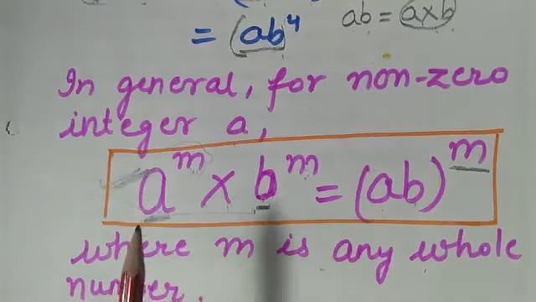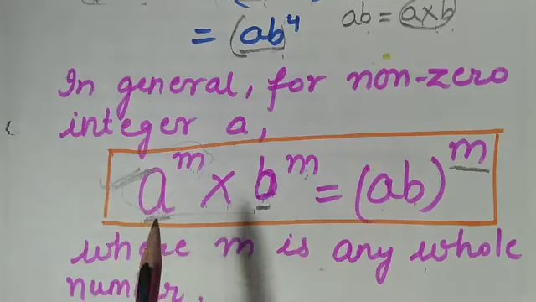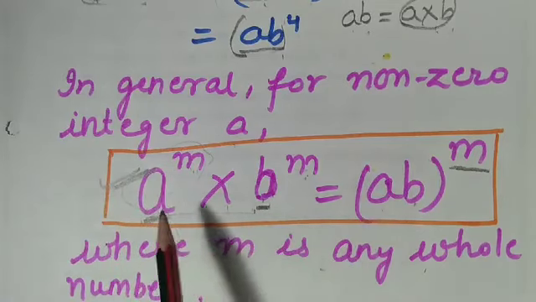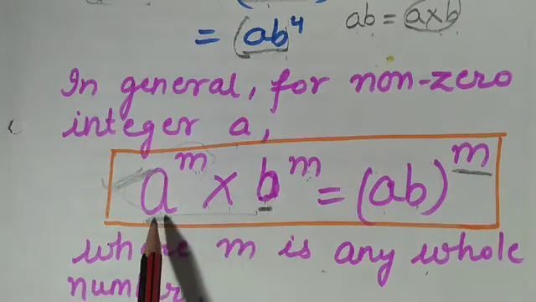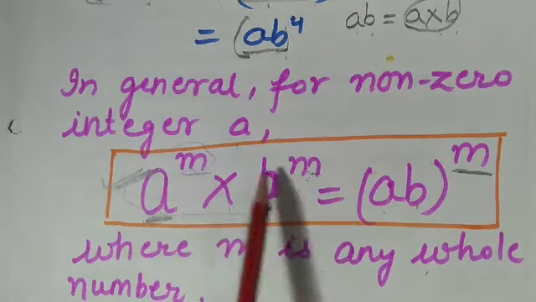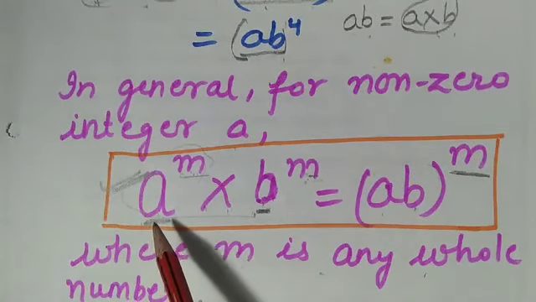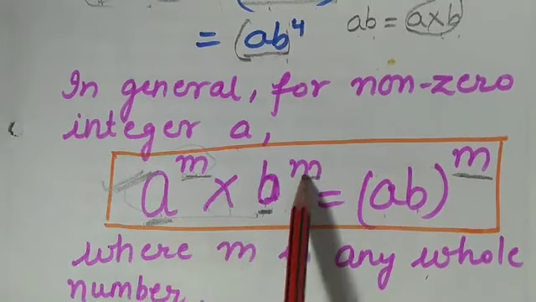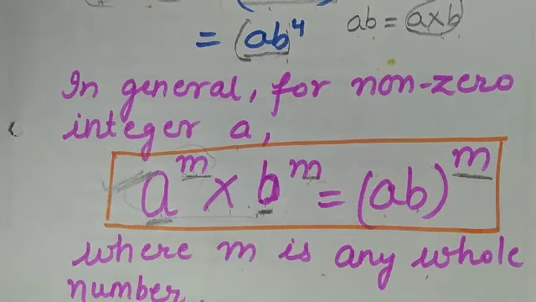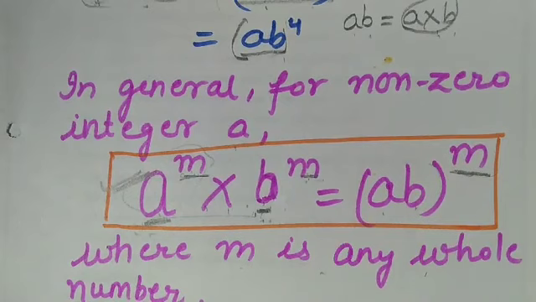In the previous three laws which we learned in lecture number 2, the bases were the same, but in this case the powers are the same. So this is our fourth law: if you are multiplying two exponential numbers having the same power but different bases, then the bases get multiplied with the same power.